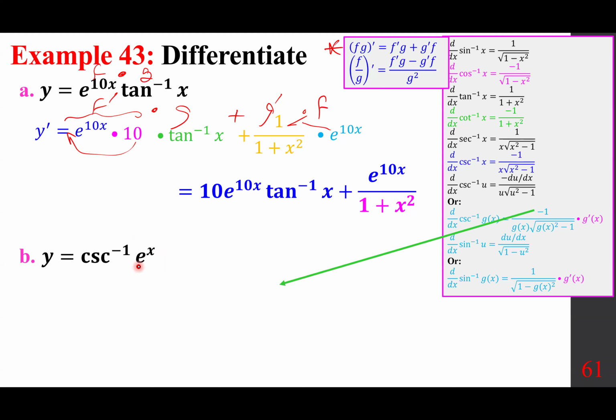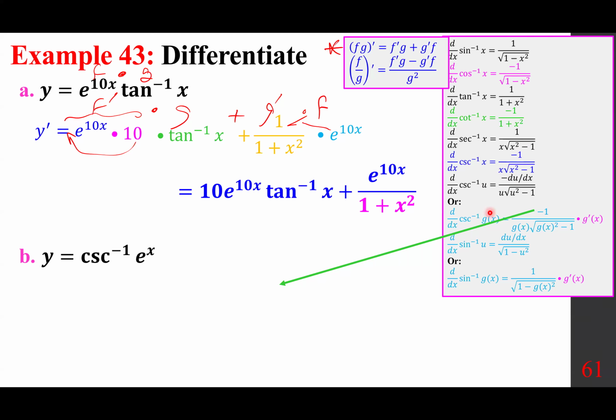So notice that the derivative of cosecant inverse of x is negative 1 over x times the square root of x squared minus 1. So this x is the same. That means if you use u, this is u, and this is u squared. Negative 1 is negative du dx.